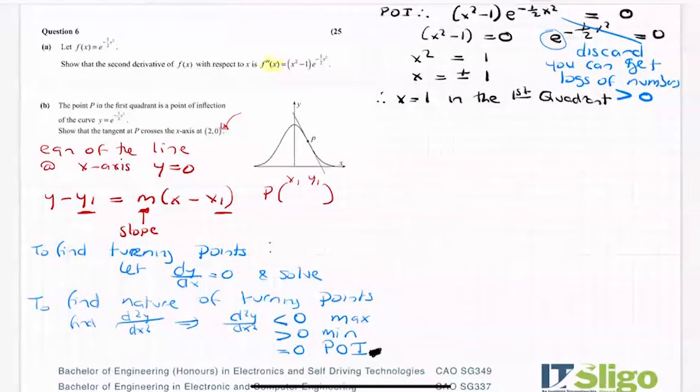I've just solved the second derivative for x, and that has given me the x value for my point of inflection, which is P. So there's obviously another point of inflection over here. That's what I got with the minus 1, but we don't care about that for this particular question. So there's my x coordinate, which is 1. I'm just filling it in over here.